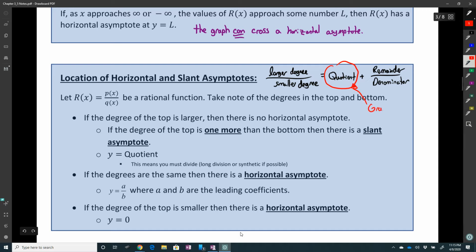And we talked about that last week. So if the quotient happens to be a horizontal line, then the graph's going to look like a horizontal line. We have a horizontal asymptote. So basically, these are 3 scenarios where the quotient is a horizontal line. And let's go over the 3.